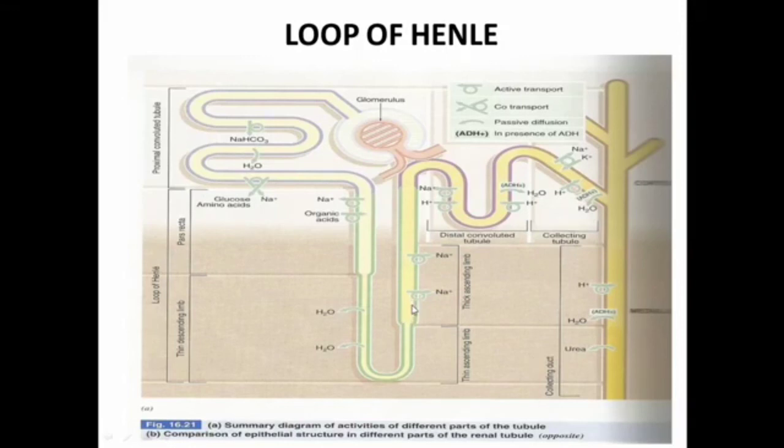Club-shaped microvilli are here, and there are basal striations and mitochondria present. So what is happening here? In this, there is reabsorption of sodium, chloride, and potassium. So these are going into the interstitium, you can see here, by active transport. In this region, they are going out.